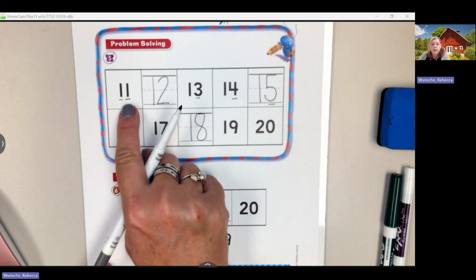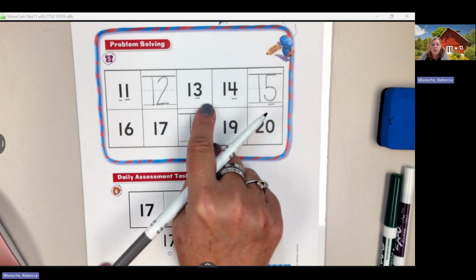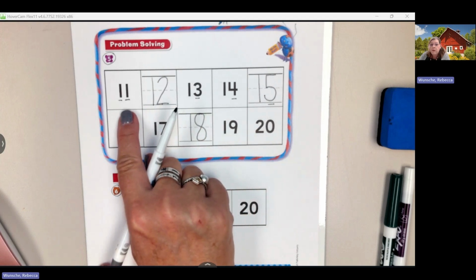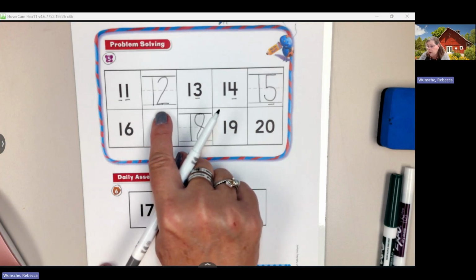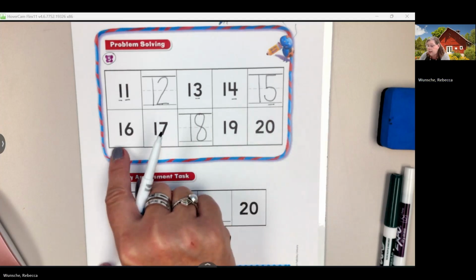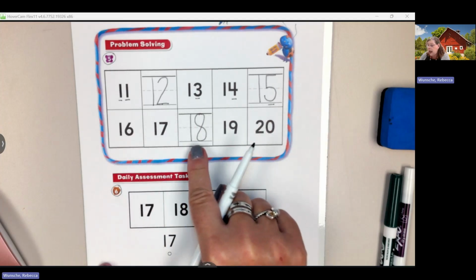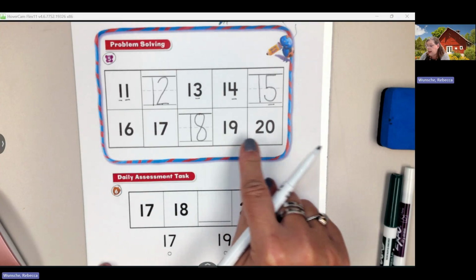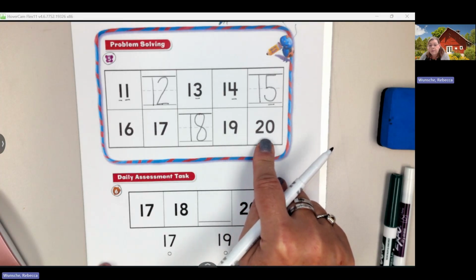We don't call this 1, 1, 1, 2, 1, 3. We have number names for these numbers, so we need to really practice using our number names for these numbers. 11, 12, 13, 14, 15, 16, 17, 18, 19, and then 20.